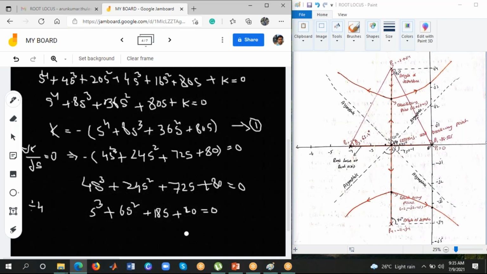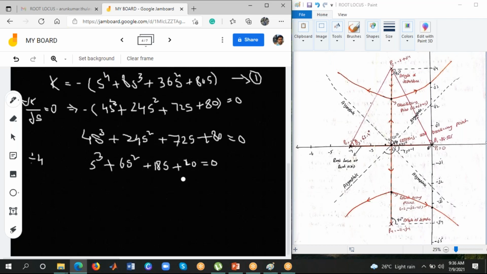Now we have to find the roots of this equation: s cube plus 6s square plus 18s plus 20. We already know how we can find the roots for cubic terms. First of all, you have to substitute one factor in that. If it is equal to 0, then it is a root of this equation.